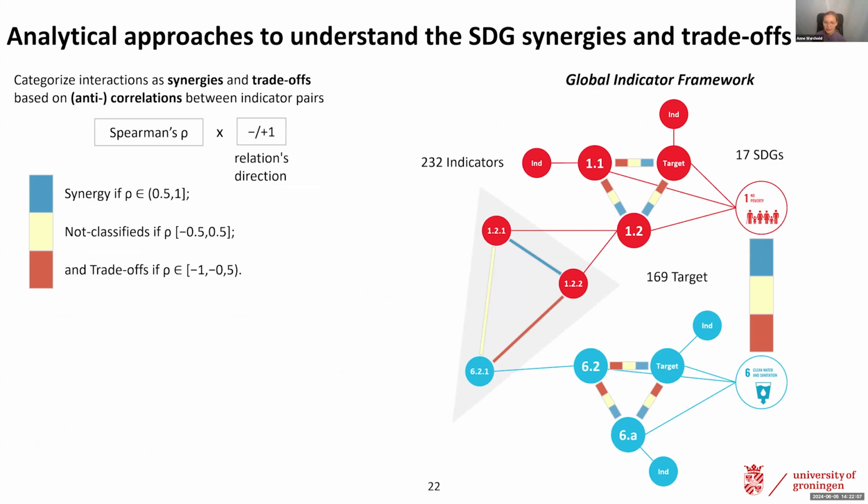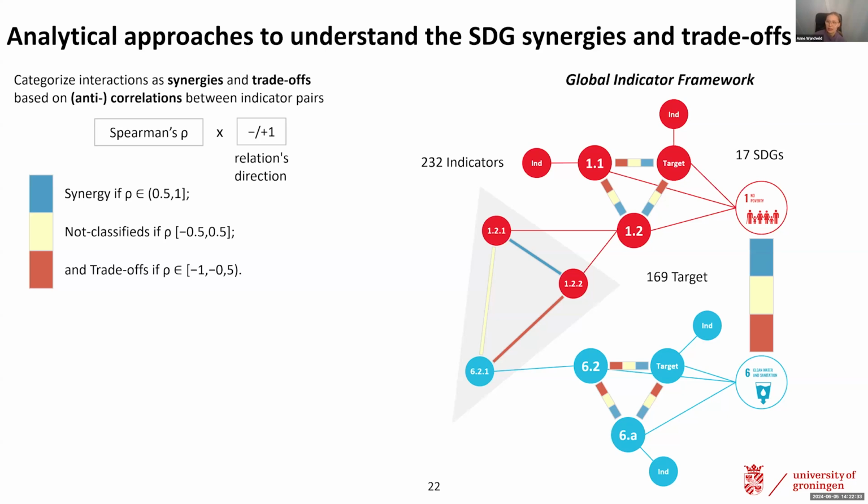So what does it mean in the case of SDGs? Professor Pradhan, whom I have introduced to you already, defines synergies and trade-offs based on the Spearman correlation coefficient between SDG indicators. Then he sums and aggregates the results to the indicator and target level.